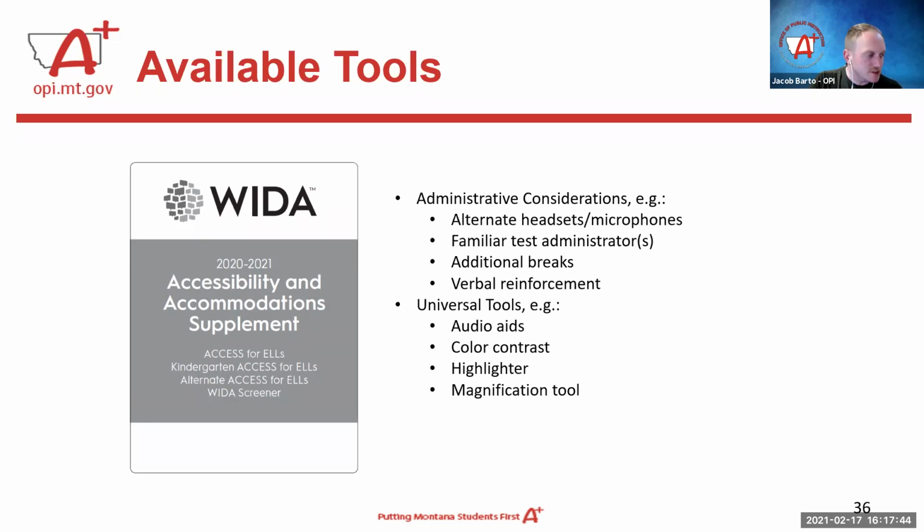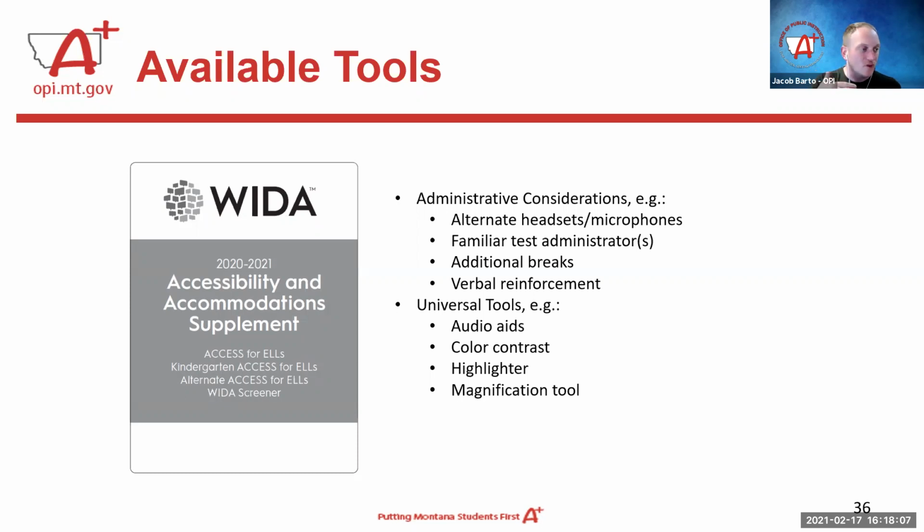Some examples include alternate headsets or microphones for student comfort, working with a familiar test administrator to ease any students' anxieties they might have, allowing additional breaks during sessions, verbal praise or reinforcement, as well as redirection to keep students on task.